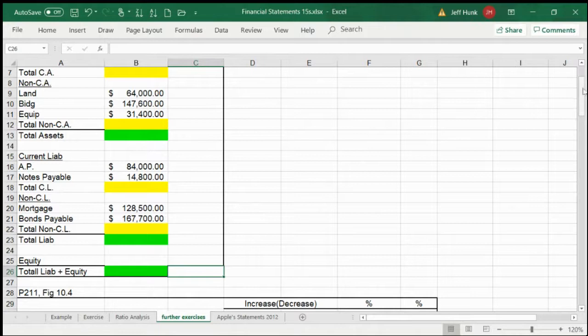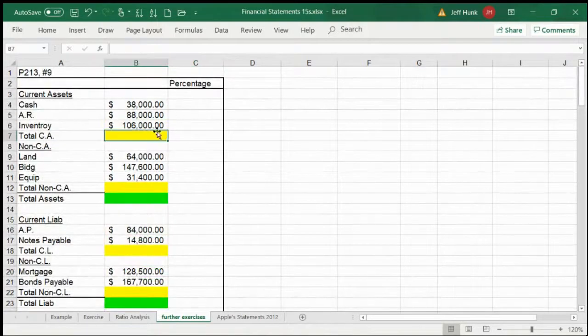So let's take a look at this example. You have to go to the further exercises bottom tab.